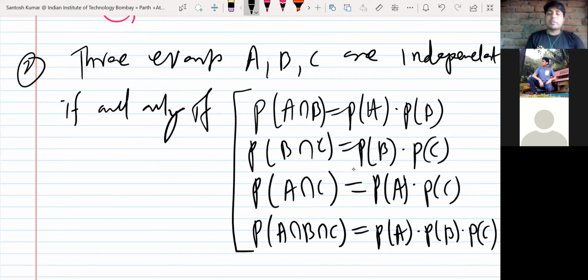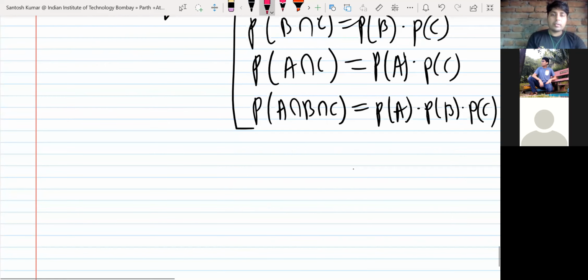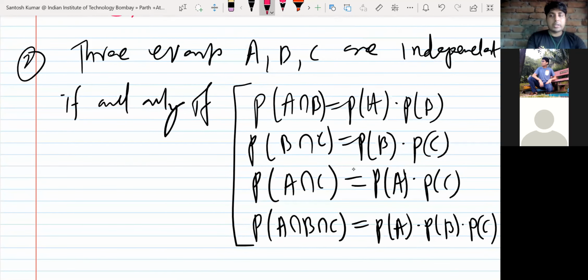If we say pairwise independent, then only the first three are required. If we say all three are independent, then you require four conditions to prove three events are independent.